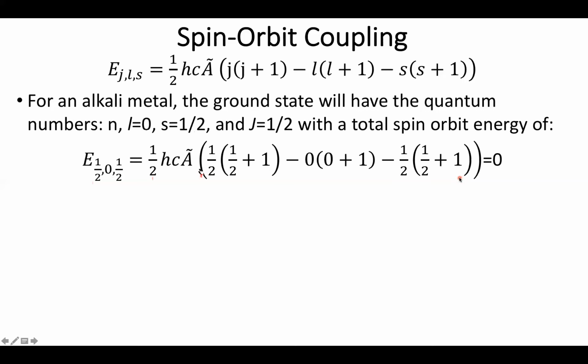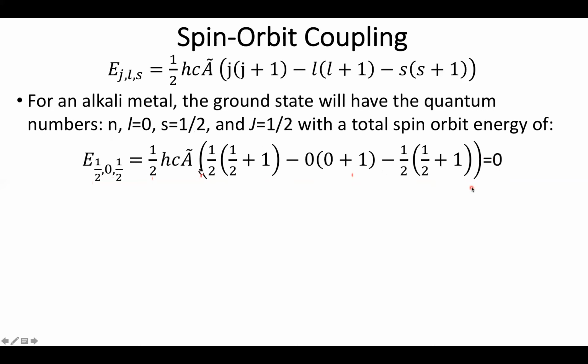So what we're going to find in this case is, notice, my total angular momentum and my spin angular momentum terms completely cancel out. So go figure. My spin orbit coupling energy for an s orbital is going to be 0 because I have no orbital angular momentum for my spin to couple with.